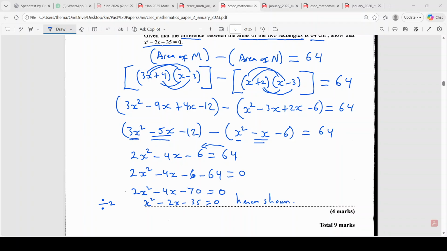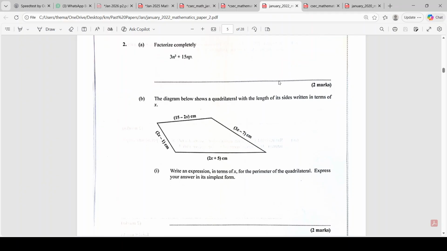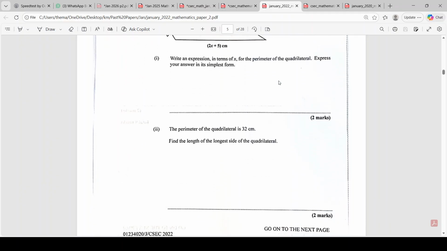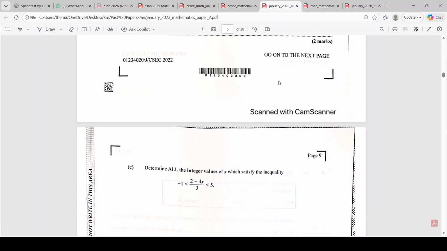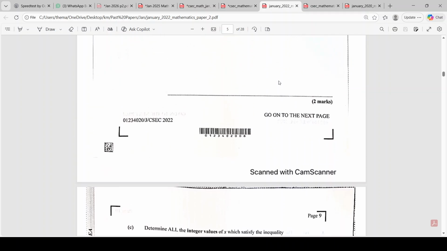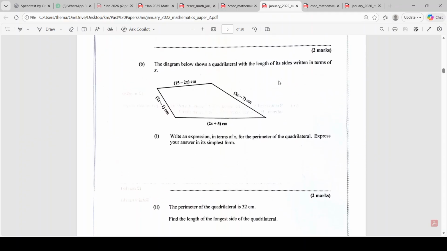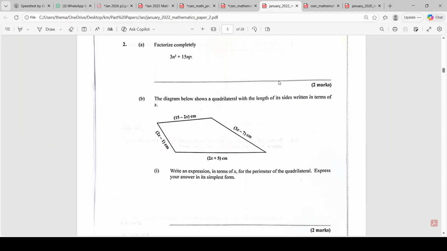Alright, so let us do, what was 609? But we had time to do one more. That was 2023, so let me look at 2022. Yeah, 2022 is a short question. We have an inequality, we had to solve an equation, formulate an expression, and factorize.